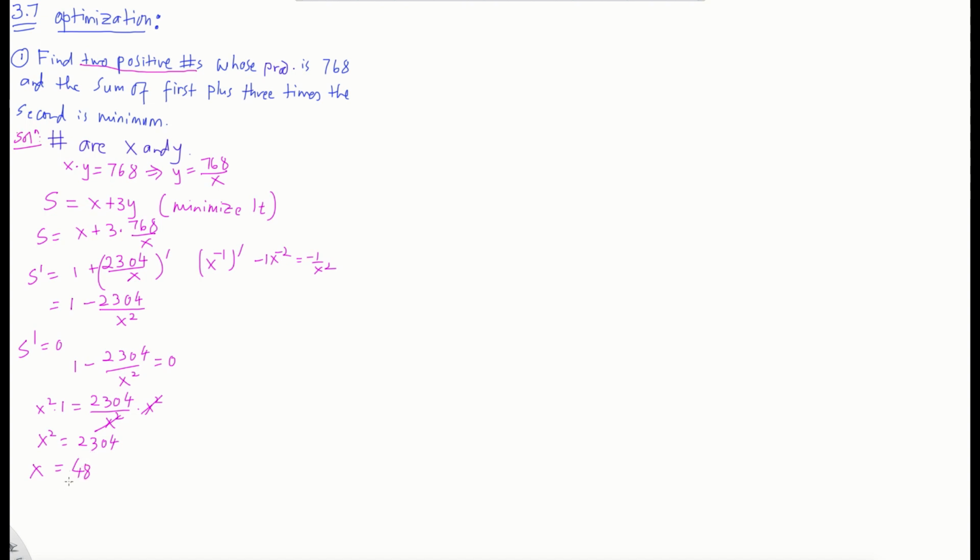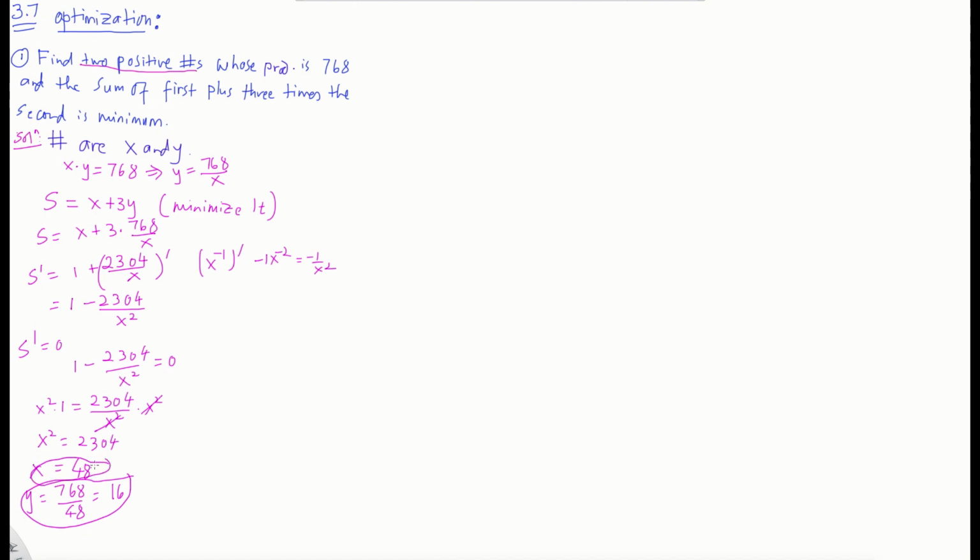So x is 48. Now we want to find y as well. So y will be 768 over 48, which is 16. So we got x is 48 and y is 16.